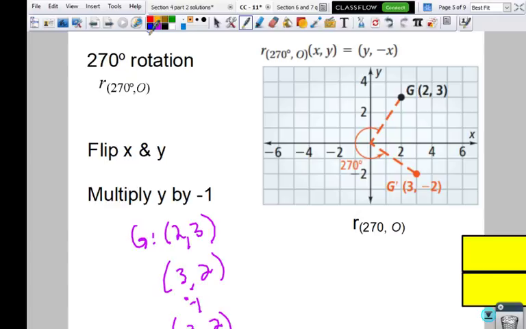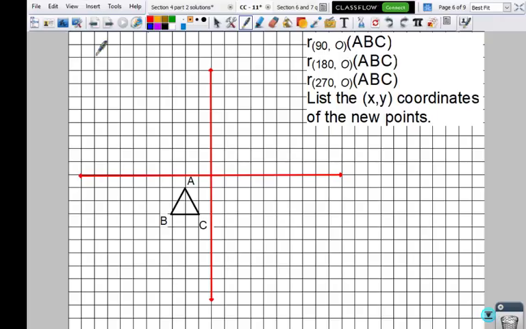All right. So we are going to look at this triangle right here. And we are going to do some rotations. Actually, I'm going to make this a little easier. Let's do A. We're just going to do A for right now. We're skipping 270.